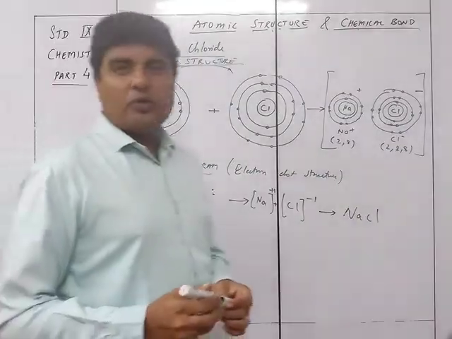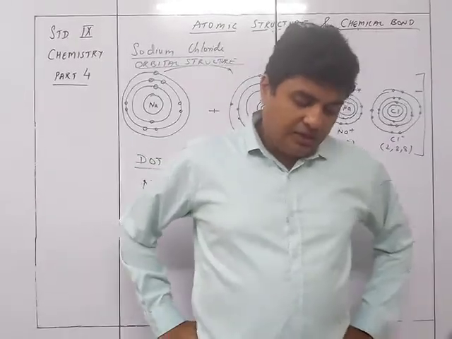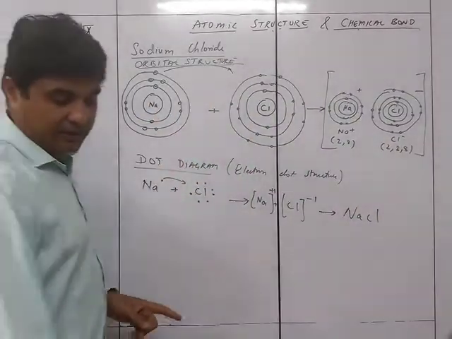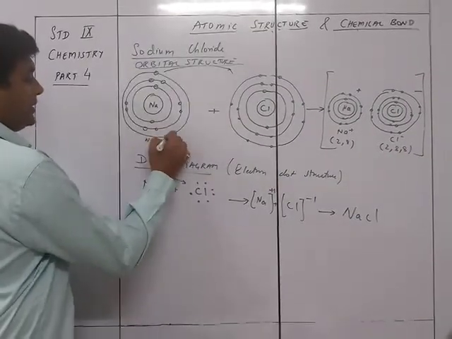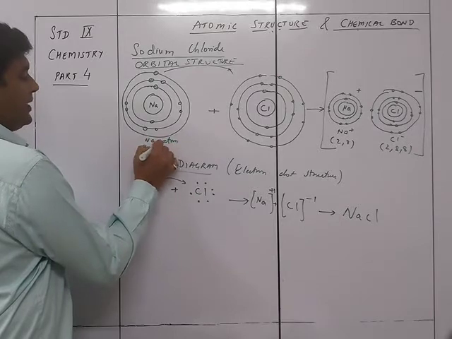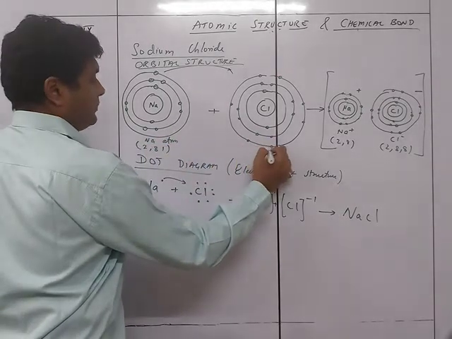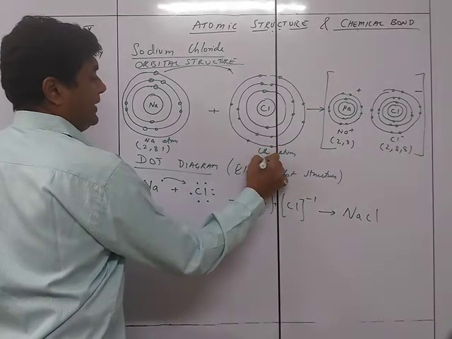This is how we show the formation of Na, which is 2,8,1. This is the Na atom, which is going to be 2,8,1, and this is the chlorine atom. This is the Cl atom, which is going to be 2,8,7.